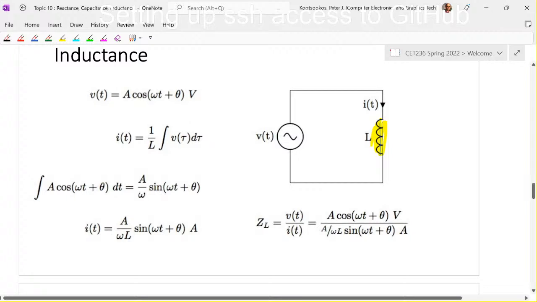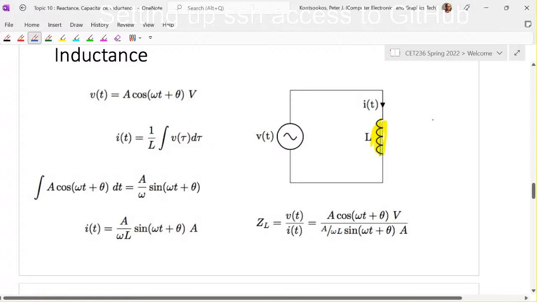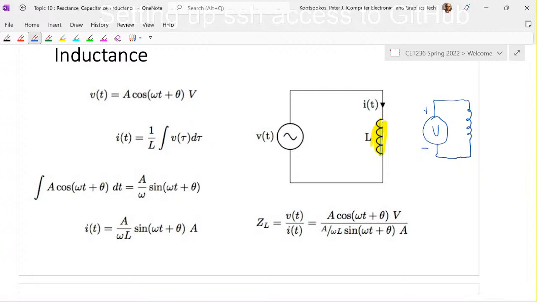Okay, so again we're going to apply, actually before we do that, if we just apply our constant voltage source to an inductor, it's just a short circuit.